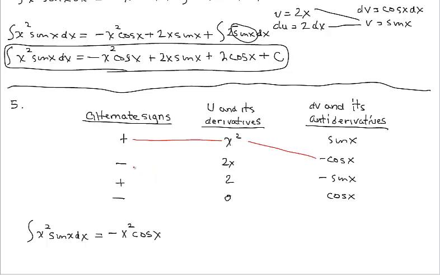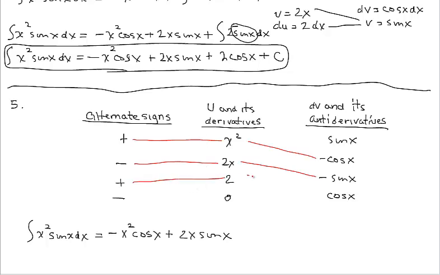We're just going to continue this until we run out of terms. The signed diagonal product: negative times 2x times negative sine x. That's going to be positive 2x sine x. Look back at your previous answer. Yep, that's the second term. You can keep doing this.